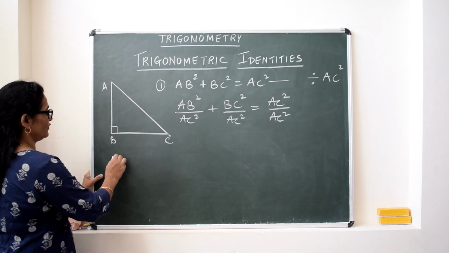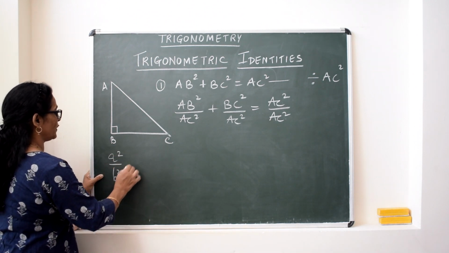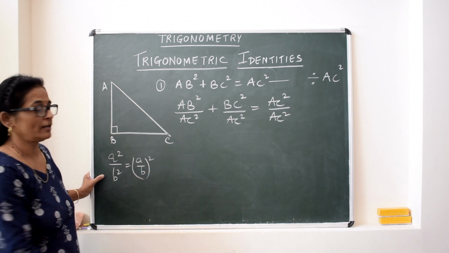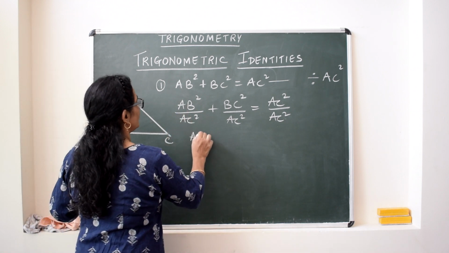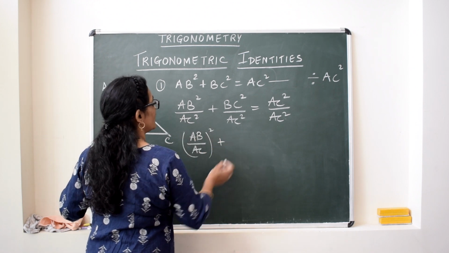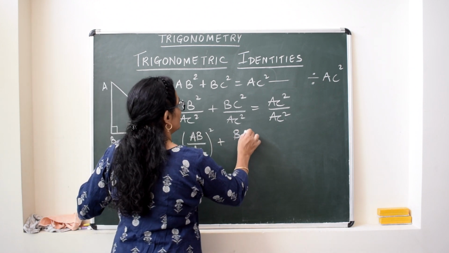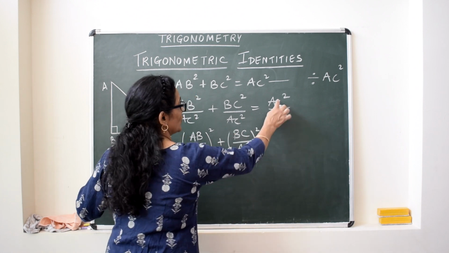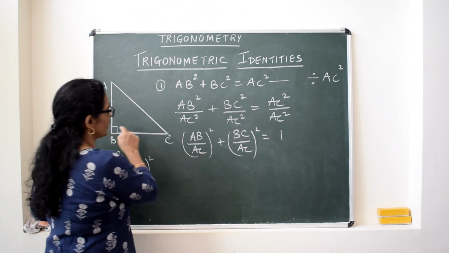Now if we have A square by B square, we can write it as A by B the whole square. Similarly, here we will write it as AB by AC the whole square plus BC by AC the whole square is equal to 1. Now look at the figure.